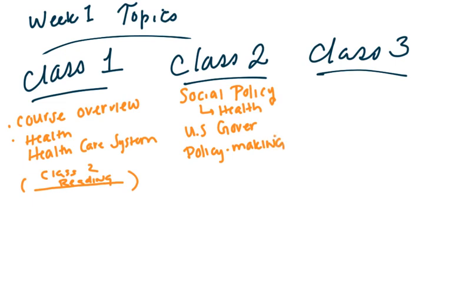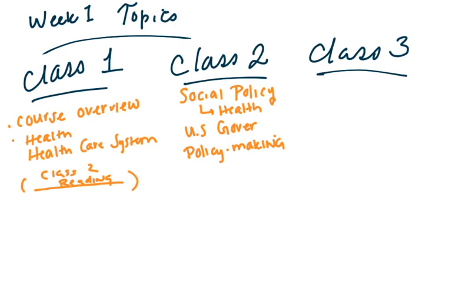The purpose again here is to give you some context. So when you're developing your healthcare system for the United States as your final project, you'll understand how to go about doing that. And you'll have the context that you need to propose a viable healthcare reform.